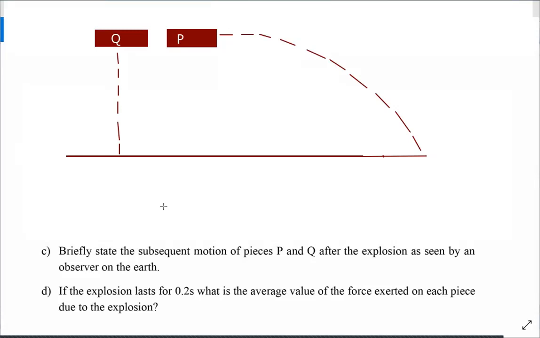P moves along a curved path similar to a projectile. I ask you to draw this figure not to earn marks, but it will help you to recall your memory when you read this question again. That's why I have asked you to draw the figure.